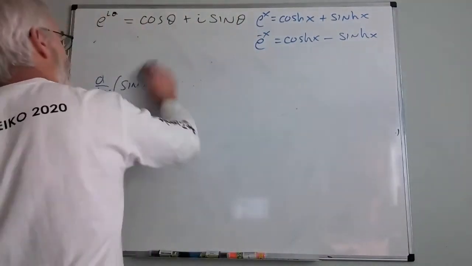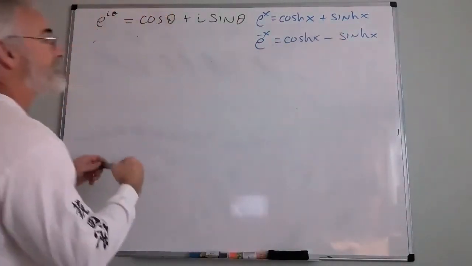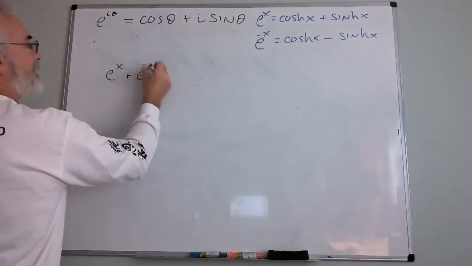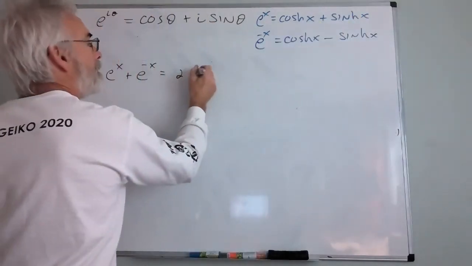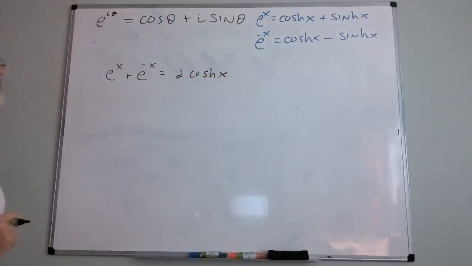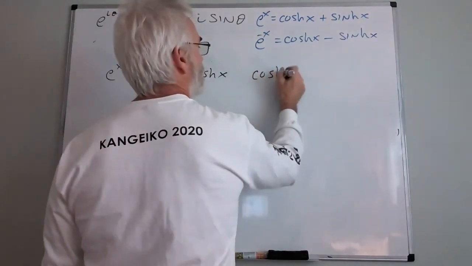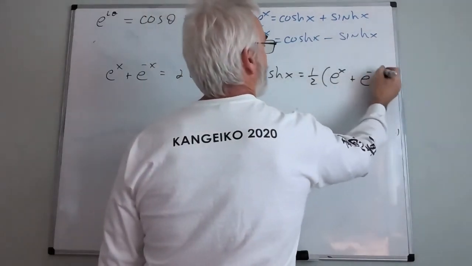What would happen if I added those two equations together? If I add these two equations together, what do I get? I'd get e to the x plus e to the negative x is equal to, those would cancel, 2 times the hyperbolic cosine. That means simply that the hyperbolic cosine of x is 1/2 times e to the x plus e to the negative x.